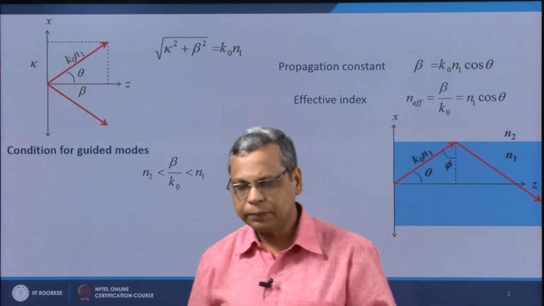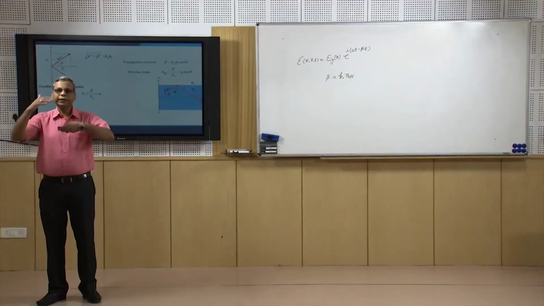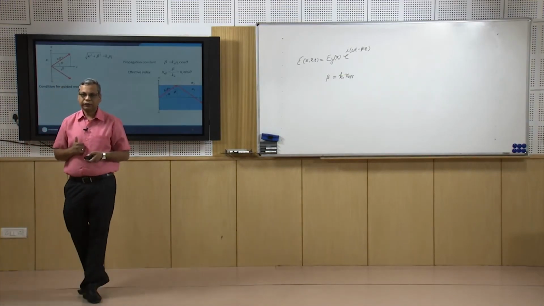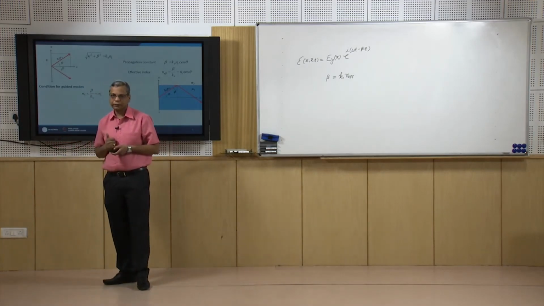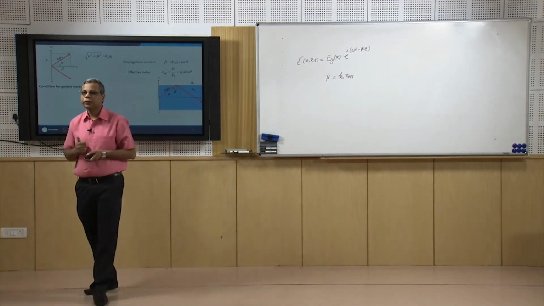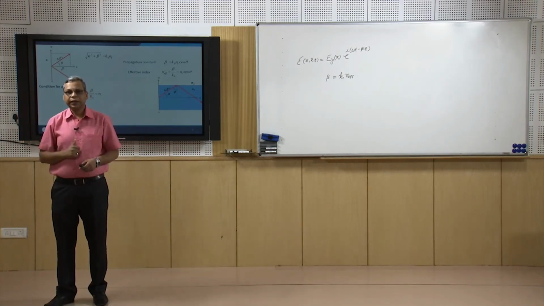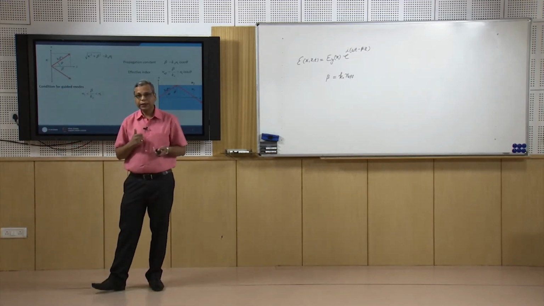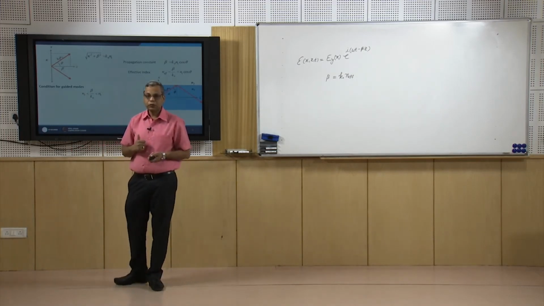Also, if you look at the planar mirror waveguide, you will say that the field is always in the n1 region, so why should it have different effective indices for different modes, and why should it be different from the refractive index n1? Similarly, if you talk about radiation modes, the energy is distributed in the n2 region, it goes up to infinity, and the effective index for radiation modes, as we will see later, is less than n2.